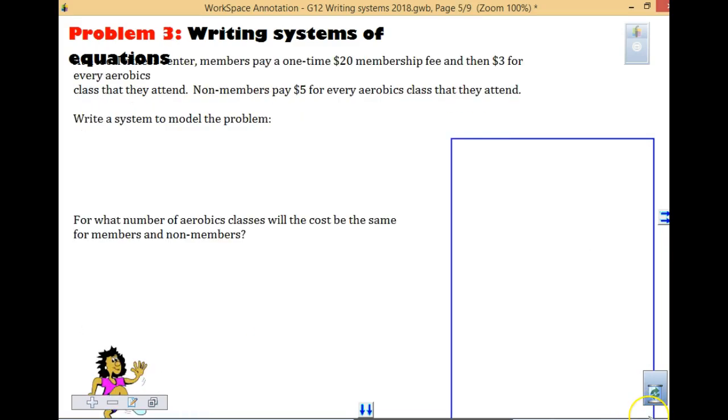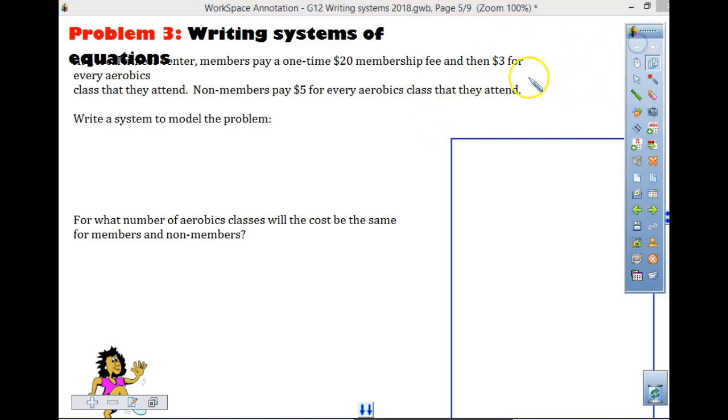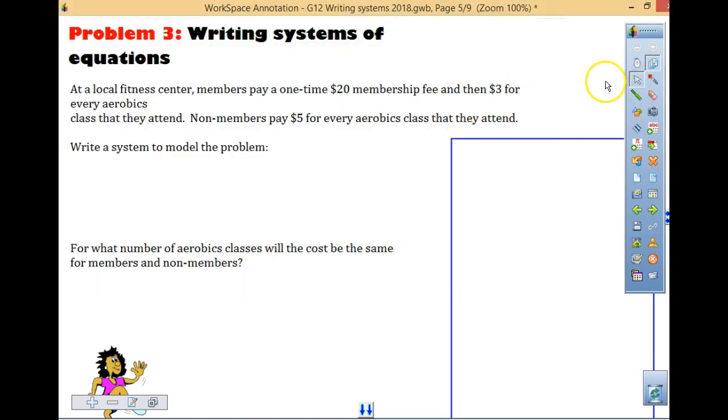Zach, at the top of the next page, would you read the story that we are looking at? At the local student center, members pay a one-time $20 membership fee and then $3 for every aerobics class that they attend. Non-members pay $5 for every aerobics class that they attend. So, first thing we're asked to write a system.